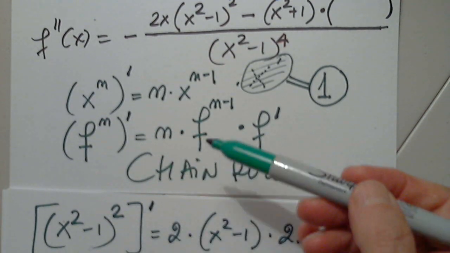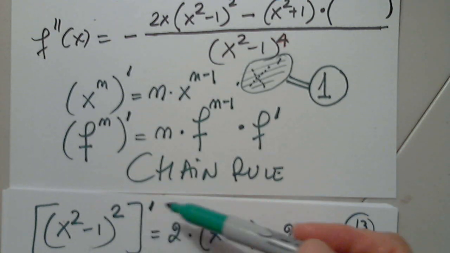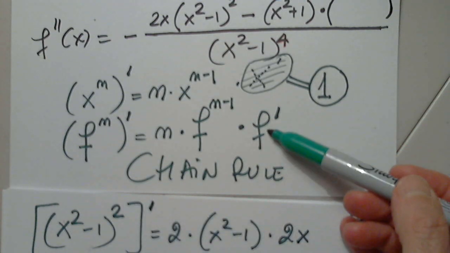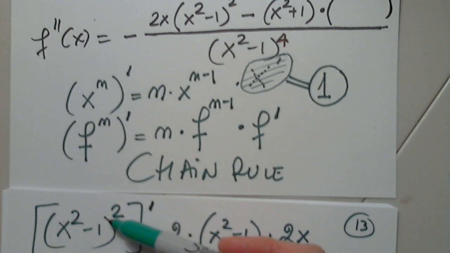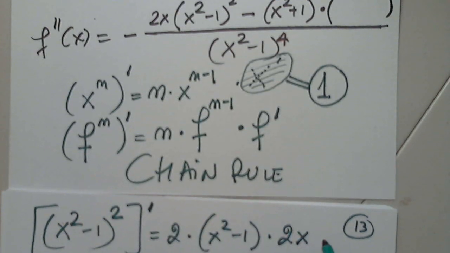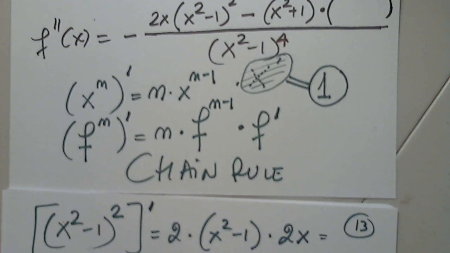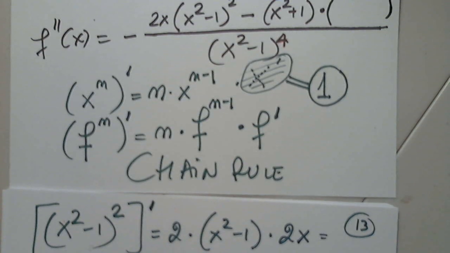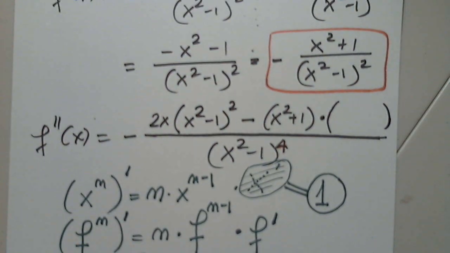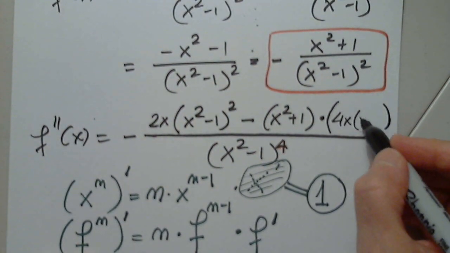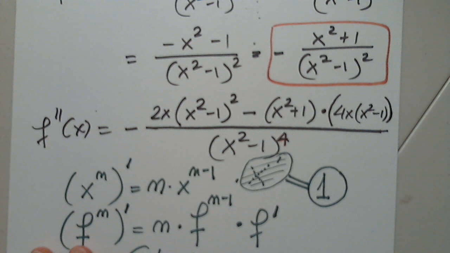This is the n minus 1, 2 minus 1, power 1. And this is the inner function prime, which is 2x. So the answer is 4x times x squared minus 1. This is what I have to put there.